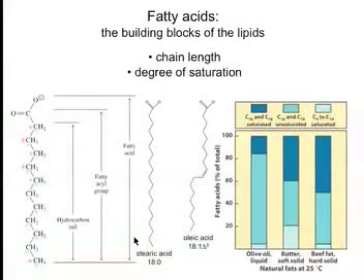Just in terms of nomenclature, here's a C18 fatty acid, known as stearic acid, because it's derived from steers originally. That's a solid at room temperature. Oleic acid, also C18, but here we see the standard nomenclature for degrees of unsaturation in the fatty acid chain.